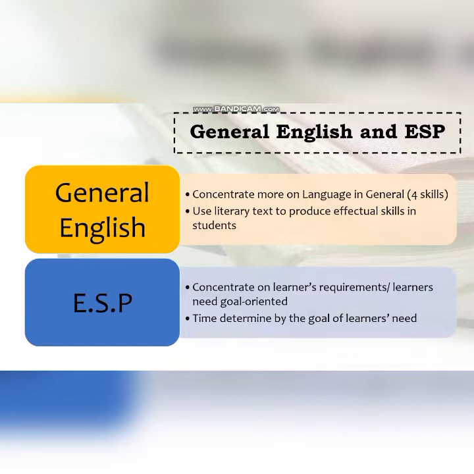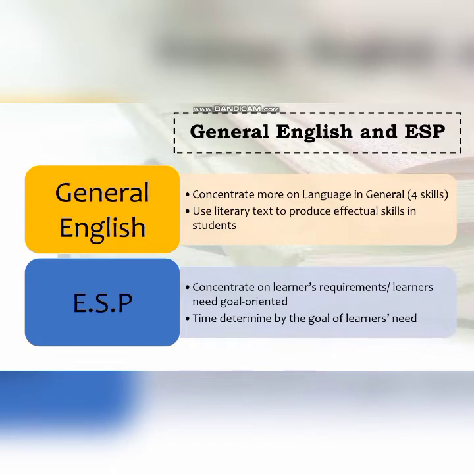Jadi dalam kelas ESP mungkin saja siswa tidak perlu menguasai 4 skill atau semua skill yang dalam bahasa Inggris. Mereka mungkin hanya butuh untuk meningkatkan kemampuan atau skill mereka di 2 skill saja.